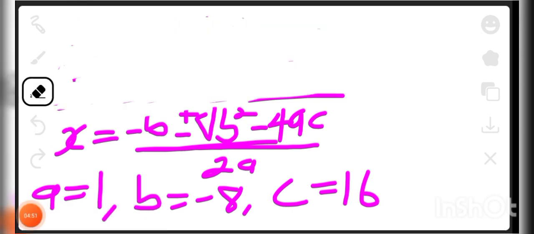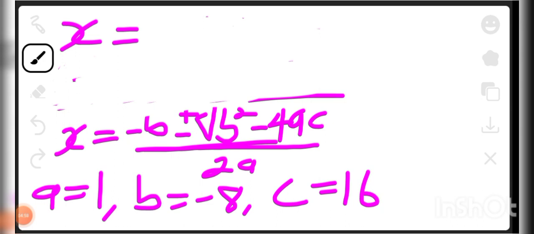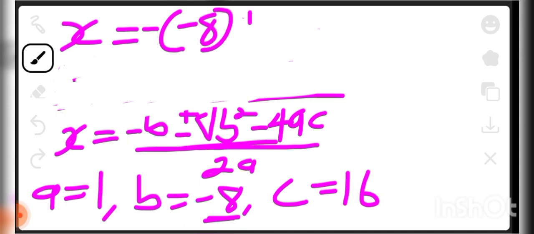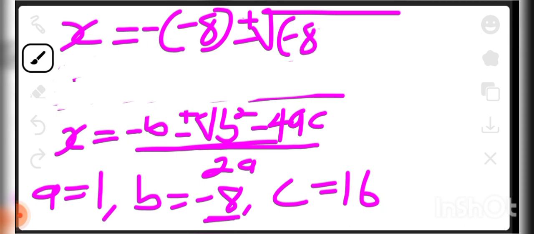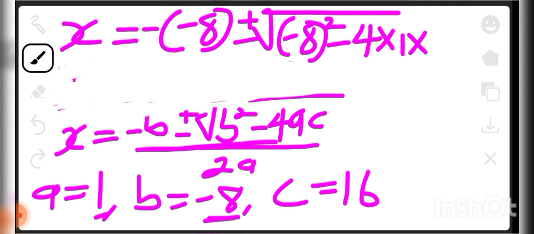So let's do that now. x will be equal to minus, what is b again? Minus 8, plus or minus the square root of minus 8 squared minus 4a, look at here, c, what is c?